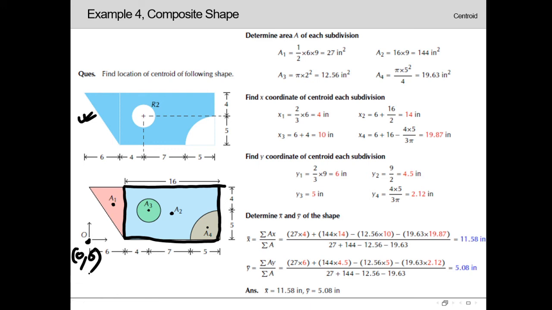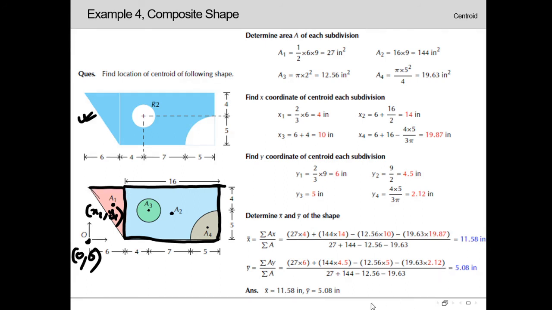With respect to this 0, 0 point, now we need to calculate the center of this first segment. Let's denote it with x1 and y1. We can see, while moving along the x-axis, the right angle triangle is increasing.